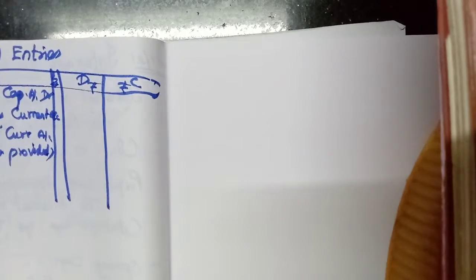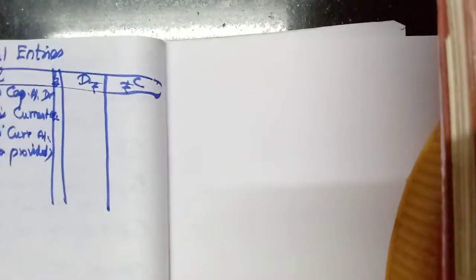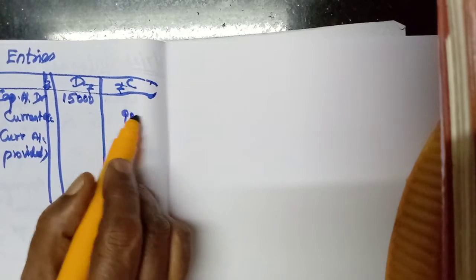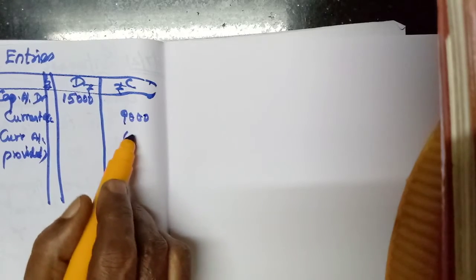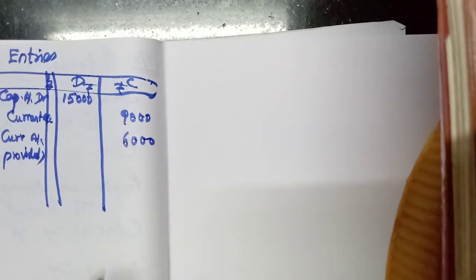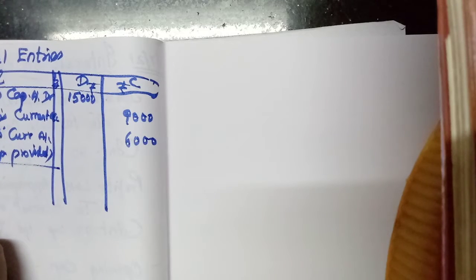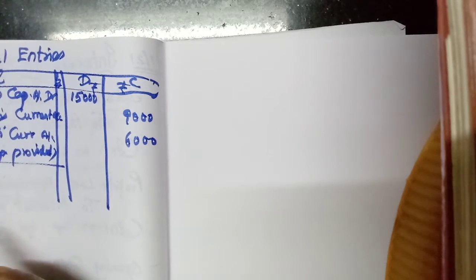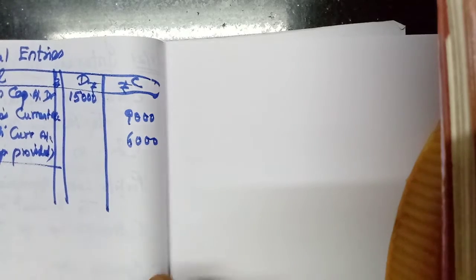Okay, what we have calculated? 9,000 and 6,000. So total 15,000. Here 9,000, here 6,000. One entry over. Now second entry, the same date. Transferring to profit and loss appropriation account. So what should be debited?